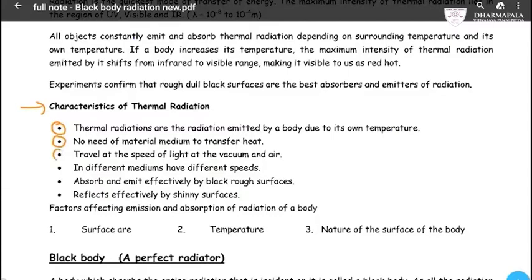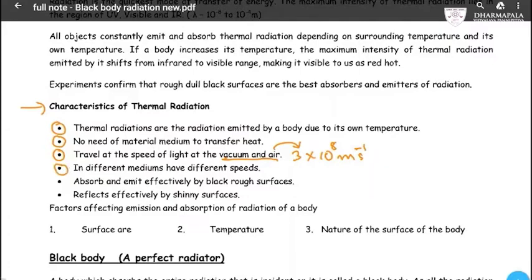And it can travel at the speed of light in vacuum or air. So all the thermal radiation or electromagnetic radiation has this speed in vacuum or air.